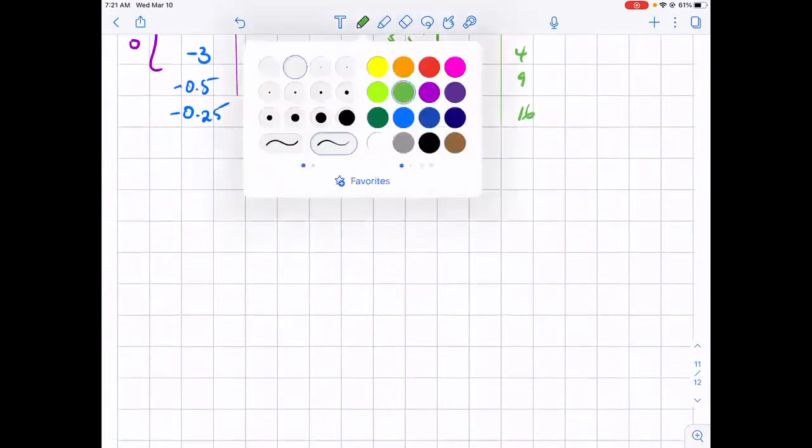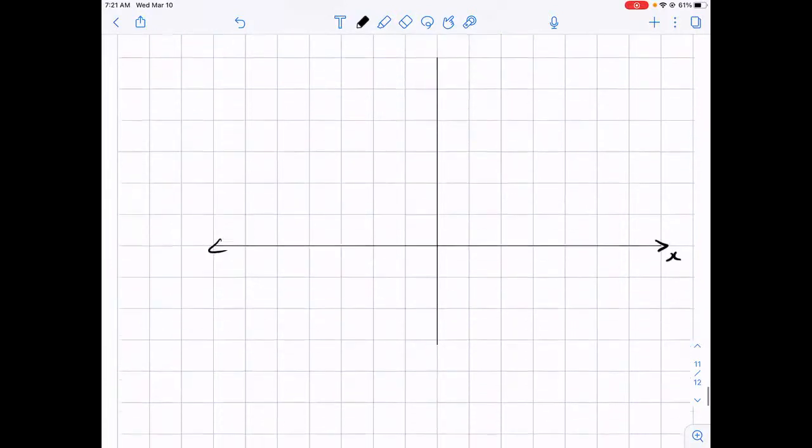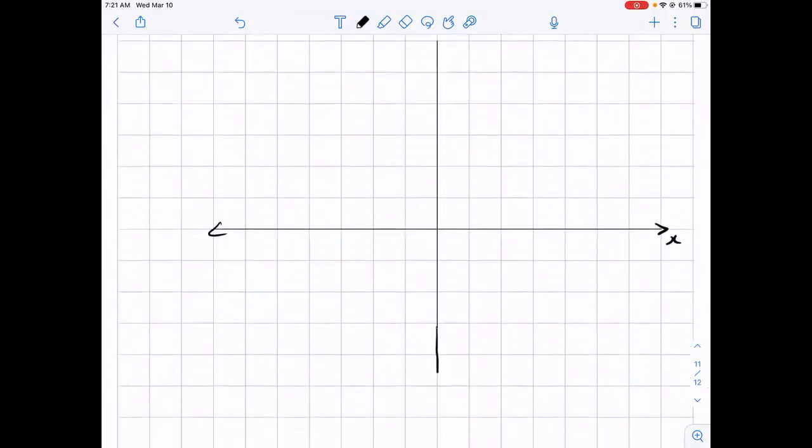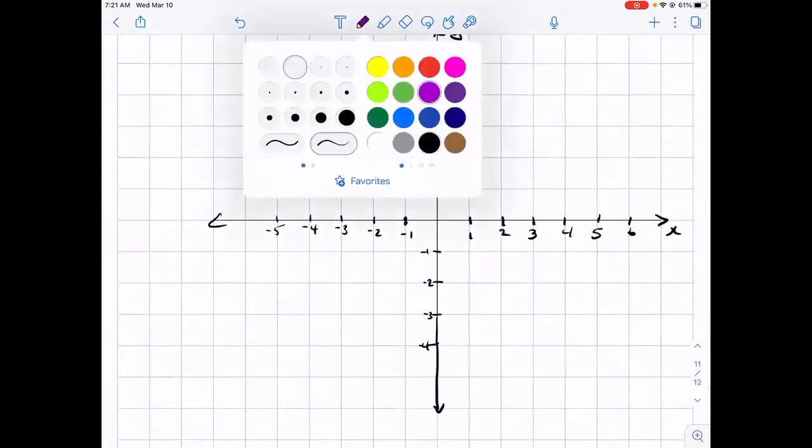So in order to graph this now, if I want to graph it, I know that at -1, it's -1.